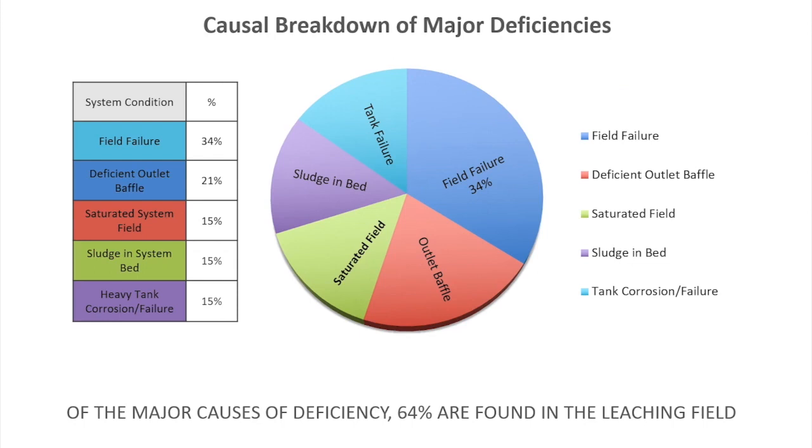And then the last one is heavy tank corrosion and failure. Concrete has a life expectancy in septic tanks. The hydrogen sulfide gas produced in the natural ecosystem that is a septic tank is corrosive to concrete. It needs to be vented out of the tank. But if the scum level in the tank is allowed to accumulate to a level where there's no airspace at the top of the tank, the gases become trapped, typically on the discharge end of the tank, and will eat through the concrete to the point where you can push a metal rod right through the concrete wall, or the wall just disintegrates.